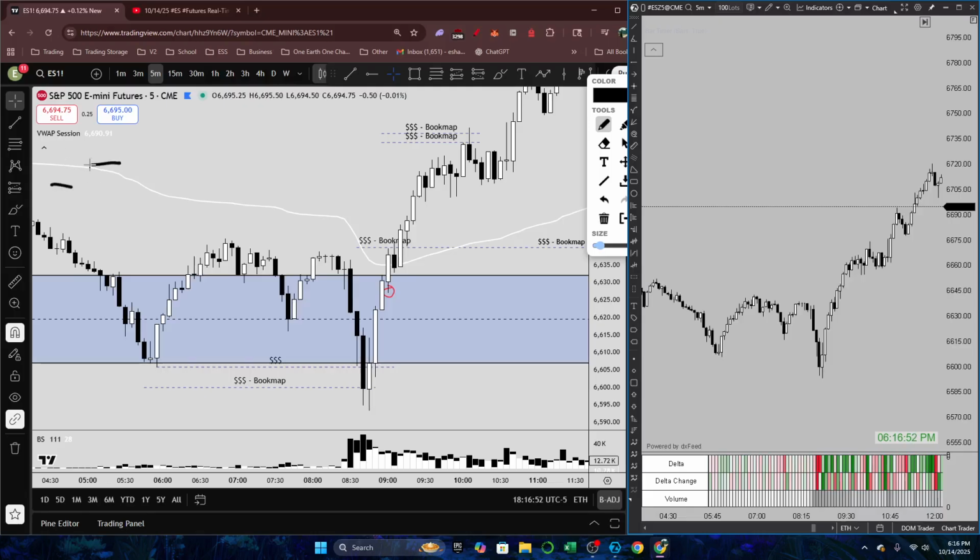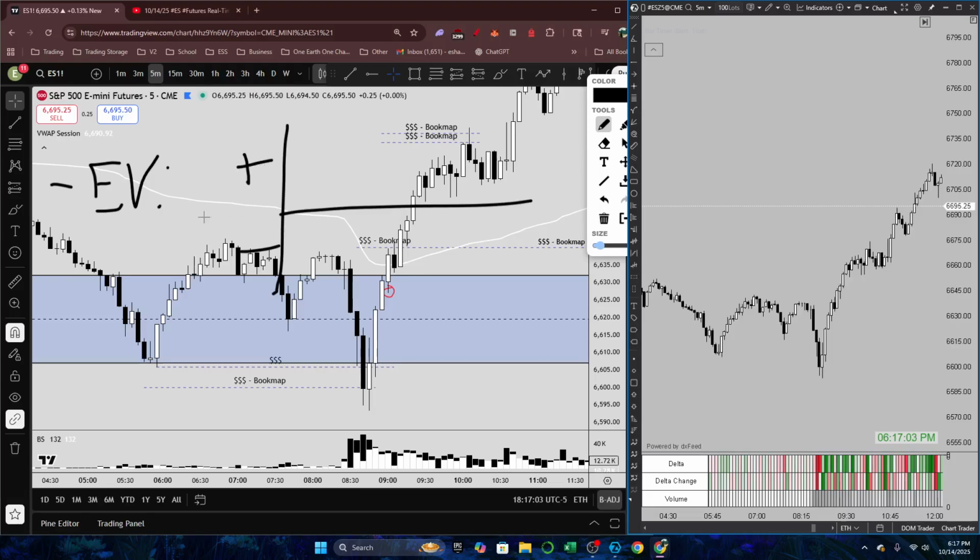So let's say we have a negative expected value. And if we have a chart like this, right? This is negative P&L, this is positive P&L, this is a P&L chart. We're gonna have lines all across the place, right? But most of them are gonna be negative, right?